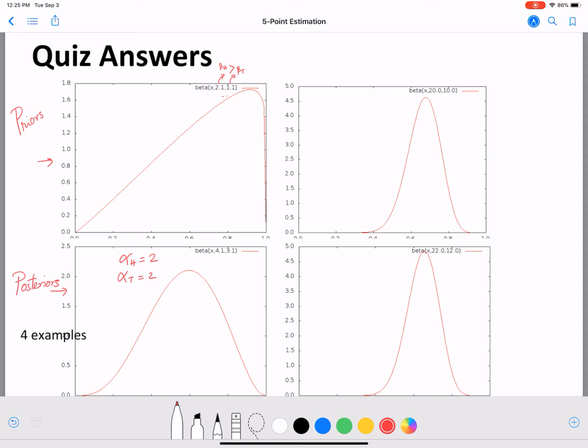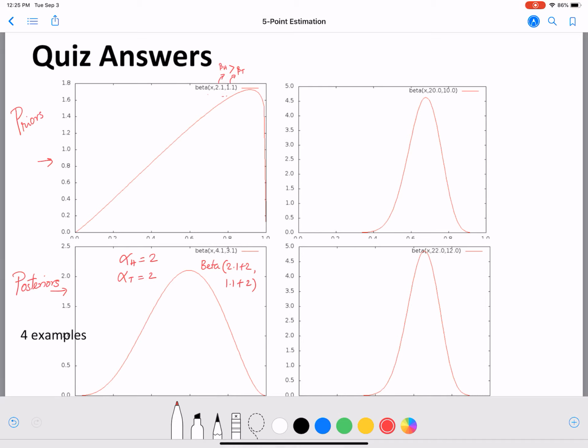So that means that we have beta of 2.1 plus 2, 1.1 plus 2, which gives us 4.1, 3.1.